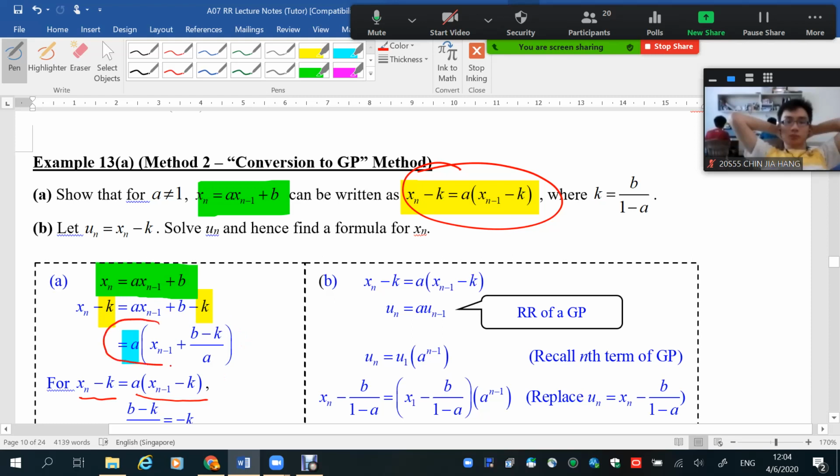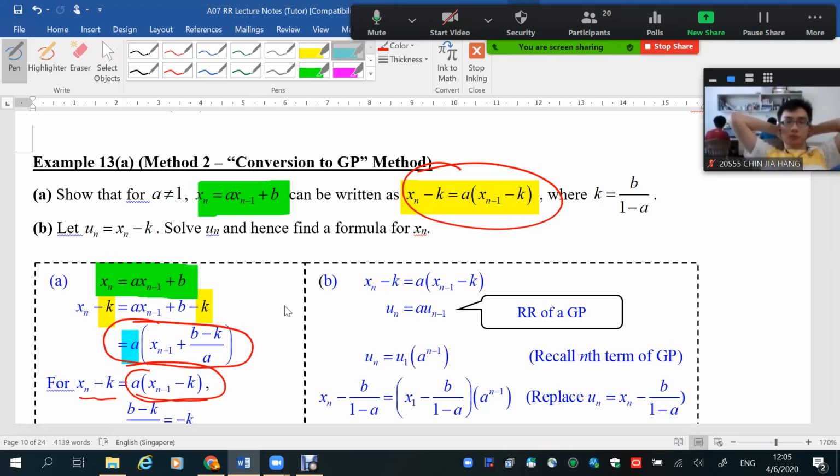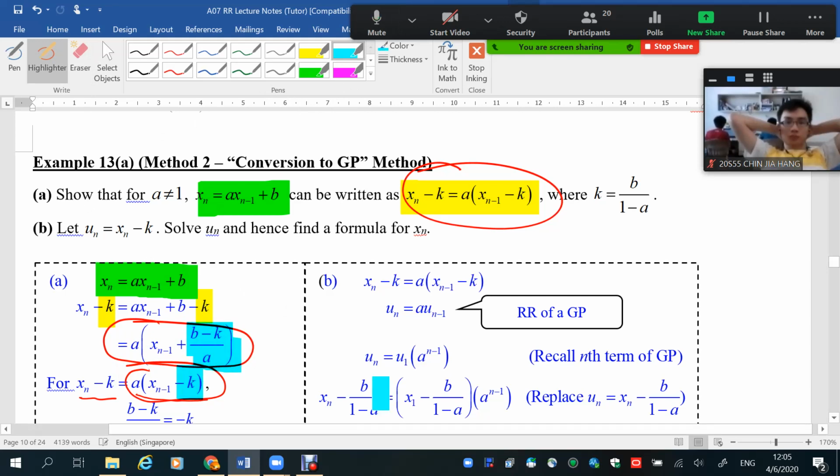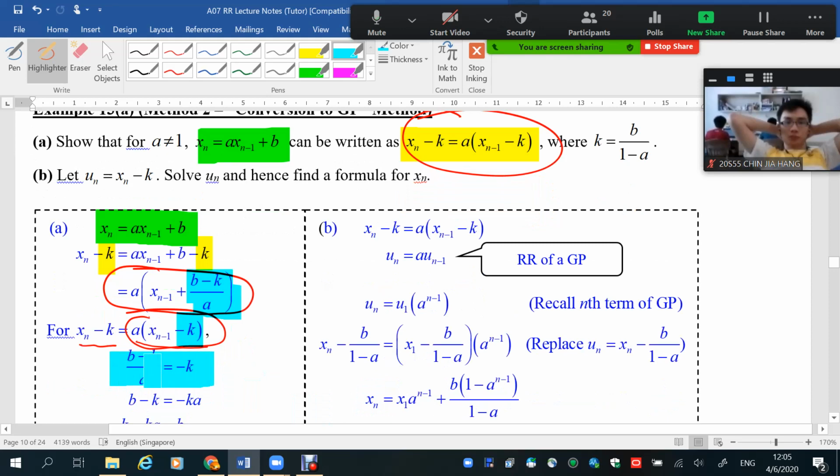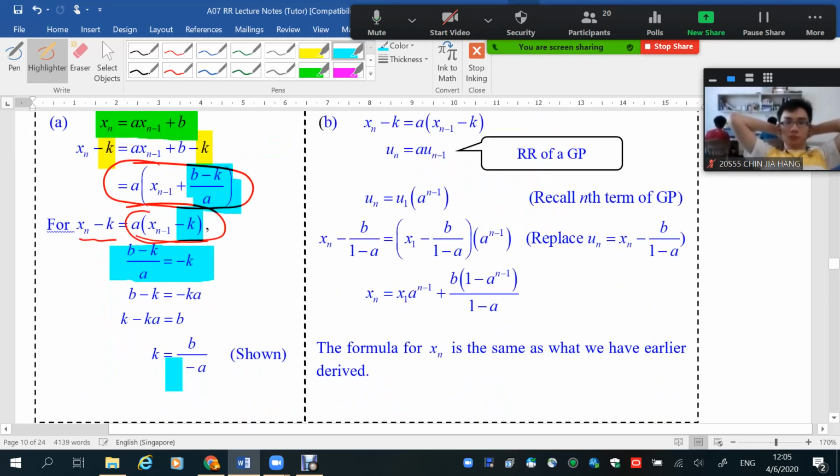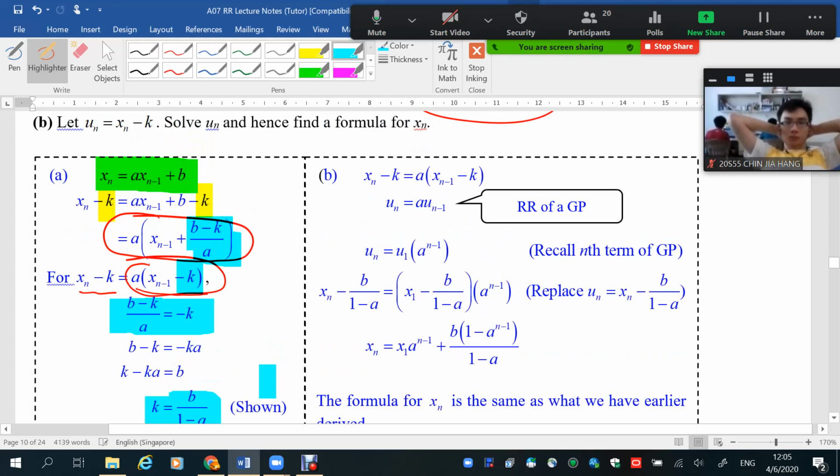That means this must be compared with this. If this is true, the blue color must be equal to this blue color, and that's how I get my next expression. Then you shift around, make k the subject, and you will be able to tell me that k is equal to b over 1 minus a. That's how you prove the first part.